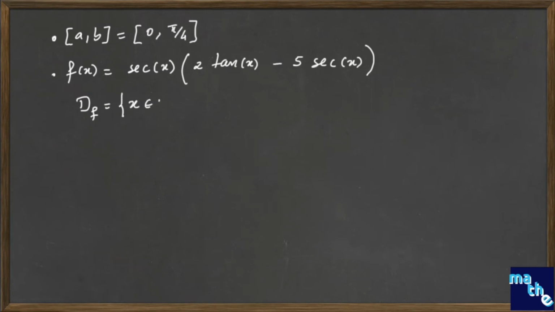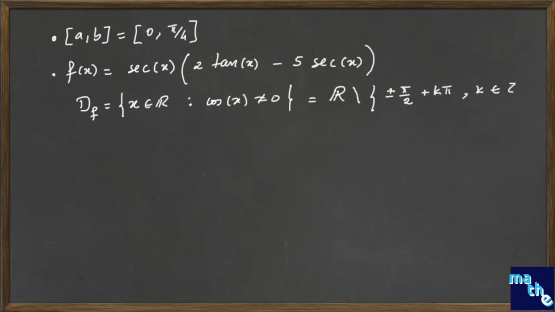The domain of this function, as you know, since the secant of x is 1 by cosine and the tangent of x is the same as sine by cosine, this means that we need to impose that cosine of x must be different from 0. This means that the domain of this function is the last one, the set that I just finished to write.